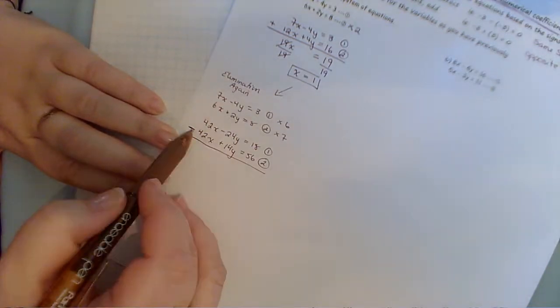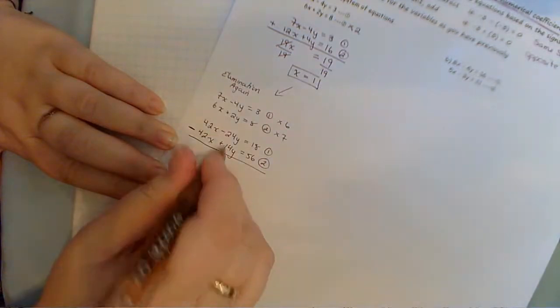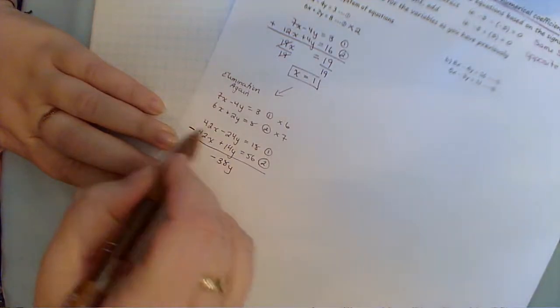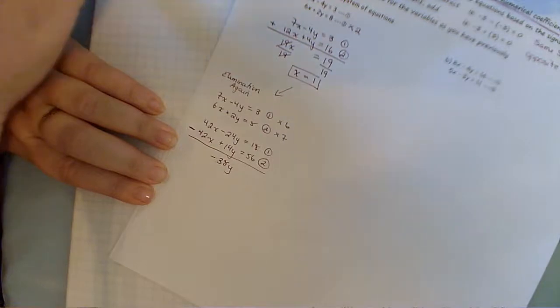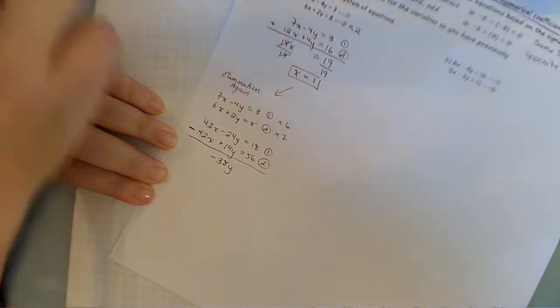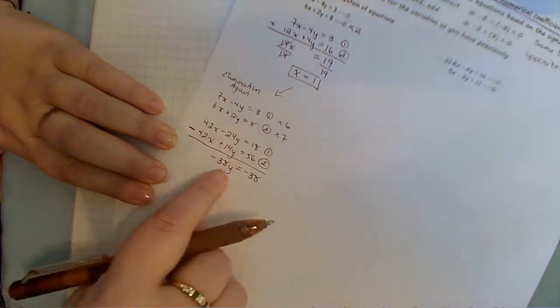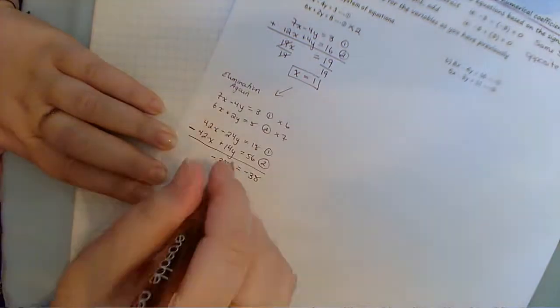Negative 24 minus 14 is negative 38. 18 minus 56 gives you negative 38 on the other side. So again, notice we have a nice simple equation that doesn't have x's in it, only y's, which is what we want.